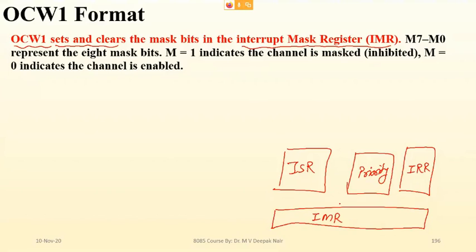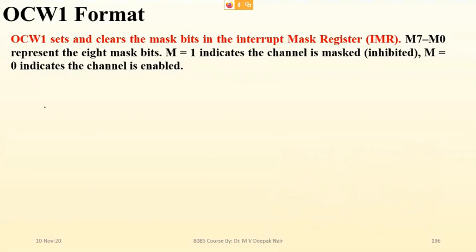To mask or unmask any particular interrupt, we can use OCW1. So OCW1 can be used to mask or unmask any particular interrupt in the IMR register. There will be M0 to M7, mask 0 to mask 7.